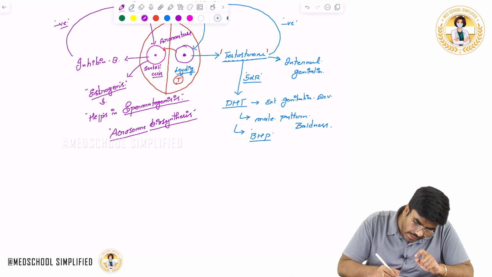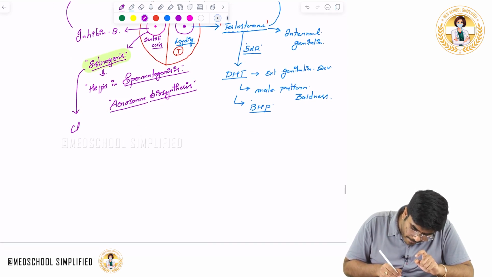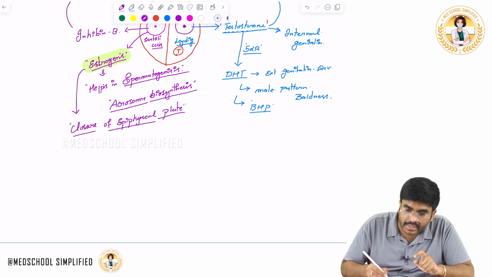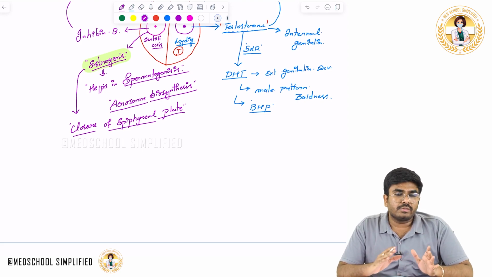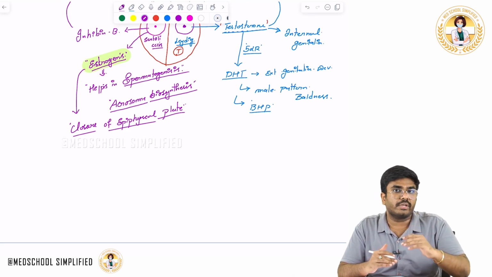Not only that, these estrogens cause the closure of the epiphyseal plate after puberty. Very important FMG question. When the epiphyseal plate is closed, the growth spurt is going to be stopped.